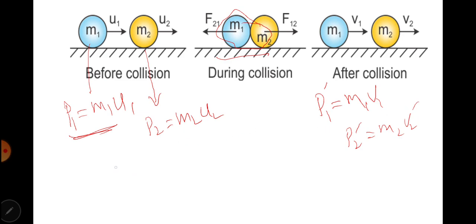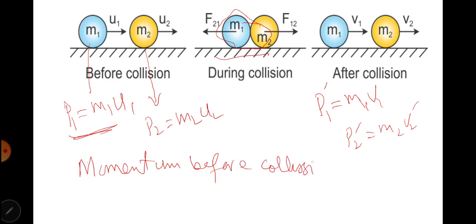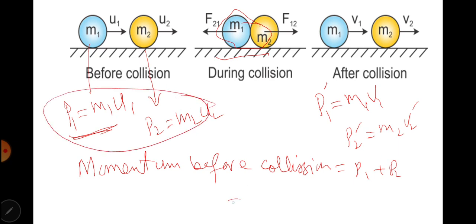So according to the law of conservation of momentum, momentum before collision is equal to p1 plus p2. Before collision, this is m1 u1 plus m2 u2.